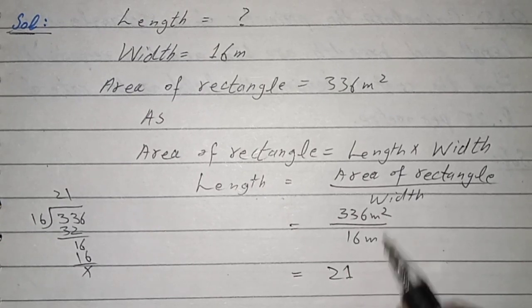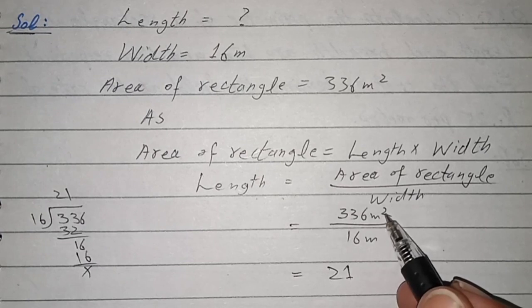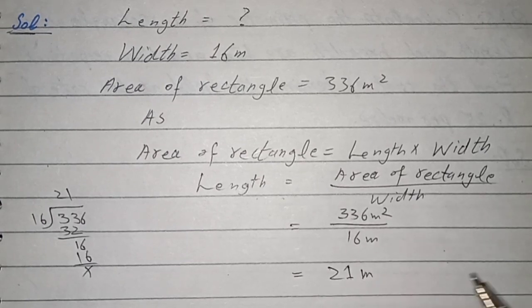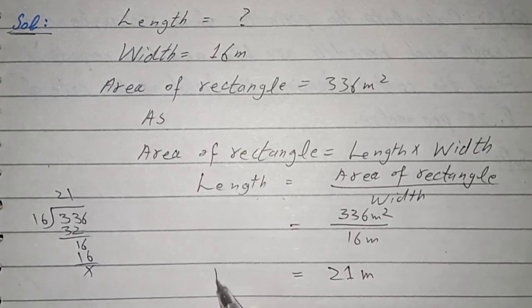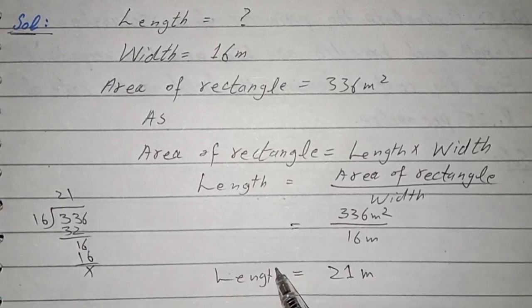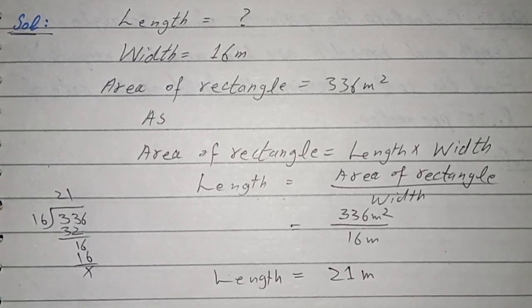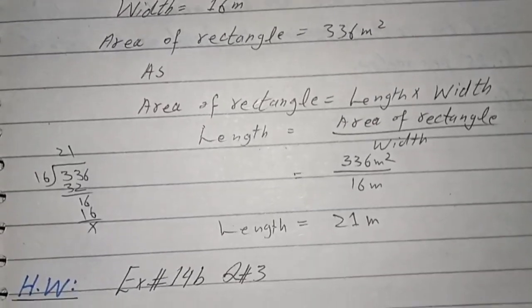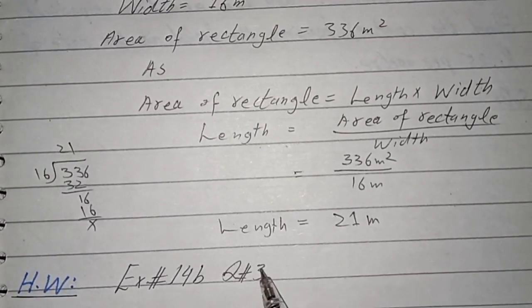There is meter square and there is meter. 1 meter will be cancelled with this and 1 meter will remain. So the length will be equal to 21 meter. This was our today's topic.